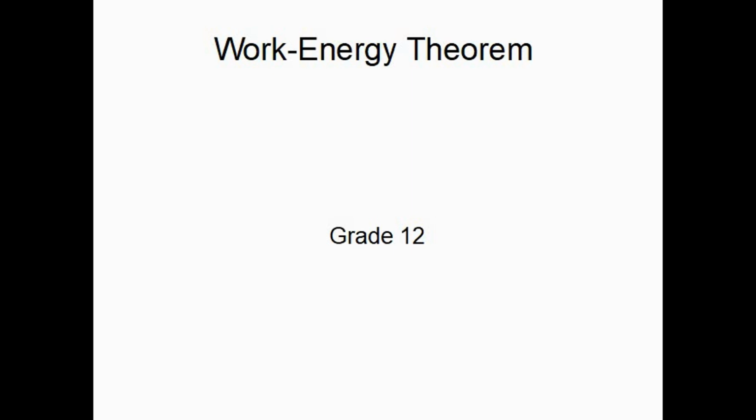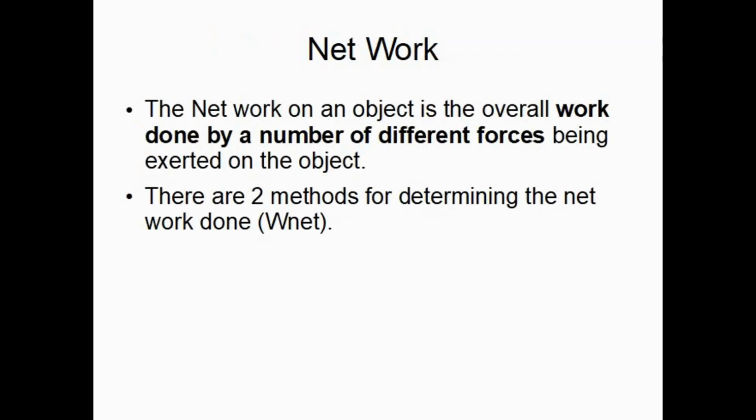So we are first going to understand a few terms before we begin with actually going through the work energy theorem. The first term we need to have a look at is net work. Now, what is net work? The net work on an object is the overall work done by a number of different forces being exerted on the object.